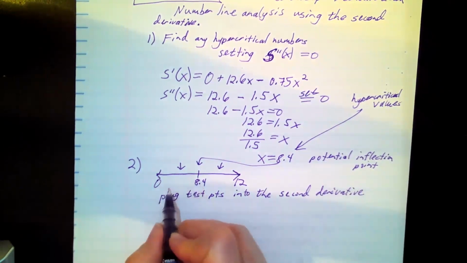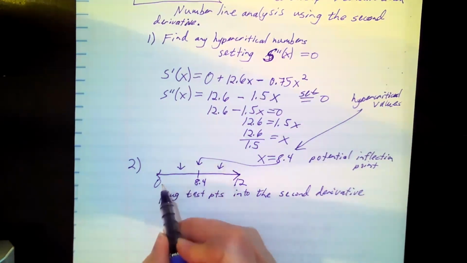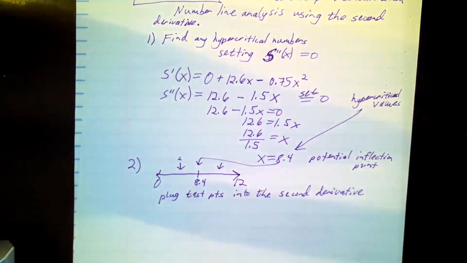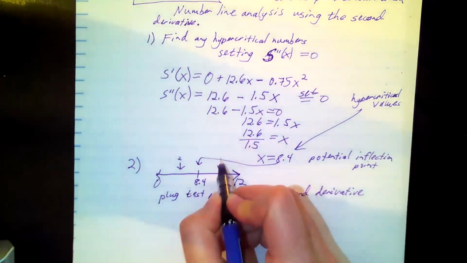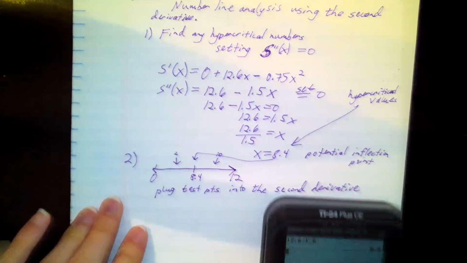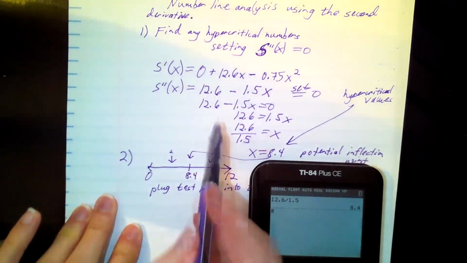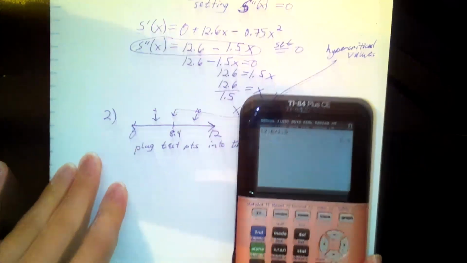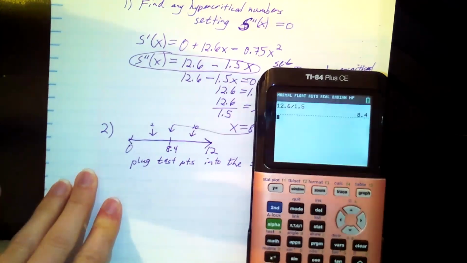So let's say that I picked a test point x equal 2 in between 0 and 8.4. And let's say that I chose x equal 10 between 8.4 and 12. What I'm going to do is plug those into my second derivative, which is right here, and see what happens. Interpret my results.